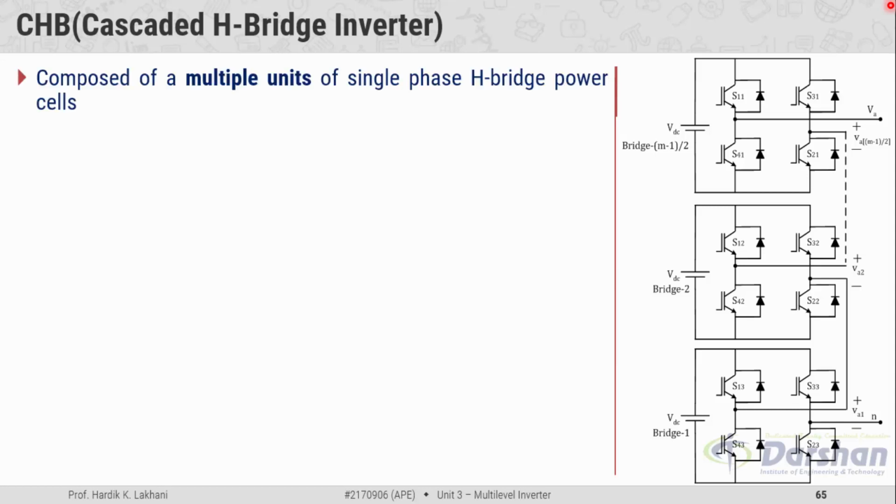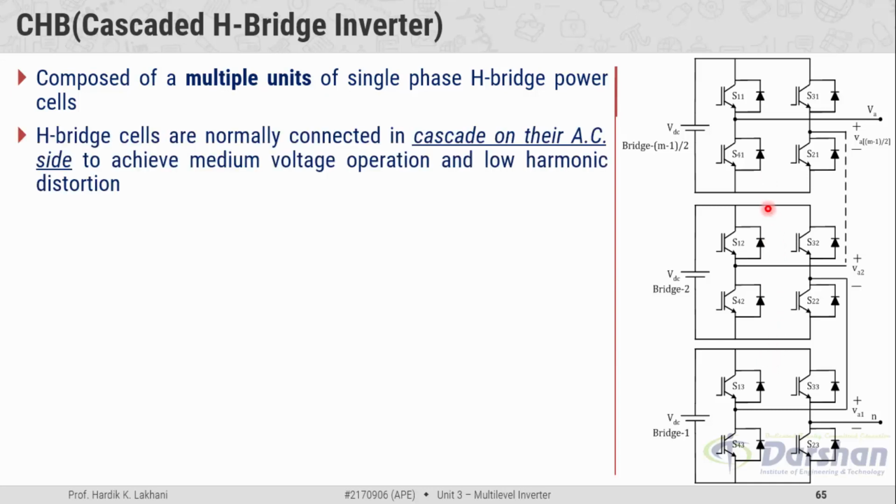It is composed of multiple units of single phase H-bridge power cells. So in the diagram, you may observe that a number of H-bridge units are connected one above another in series fashion.